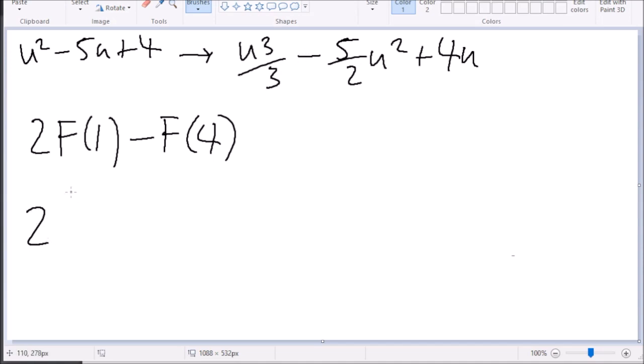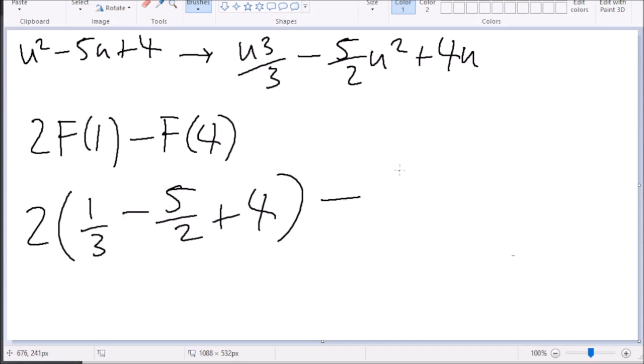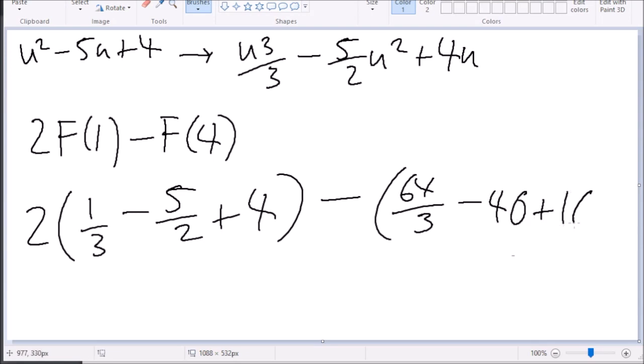So we get 2 times 1/3 minus 5/2 plus 4, minus 64 over 3, minus 5 times 8, which is 40, plus 16. Then I'm just going to combine everything. Negative 62 over 3, this is minus 5 plus 40, so plus 35.